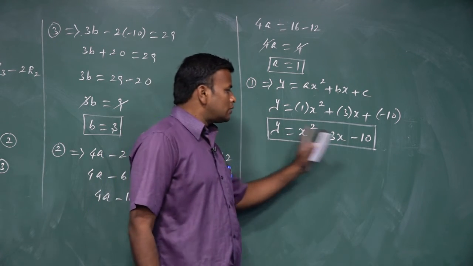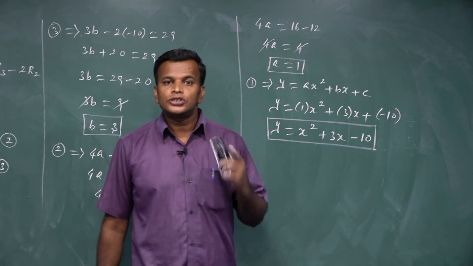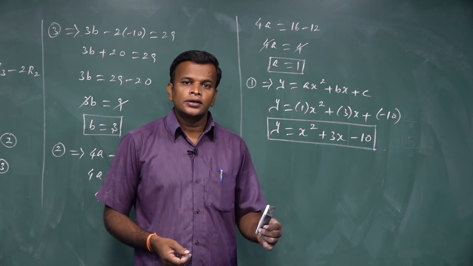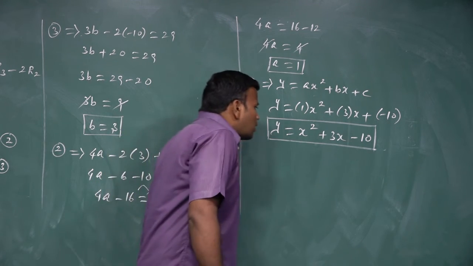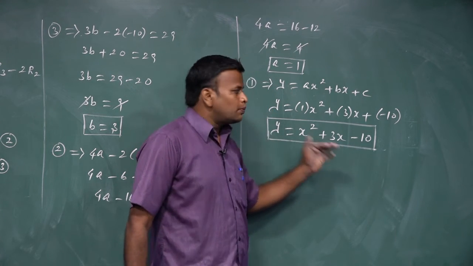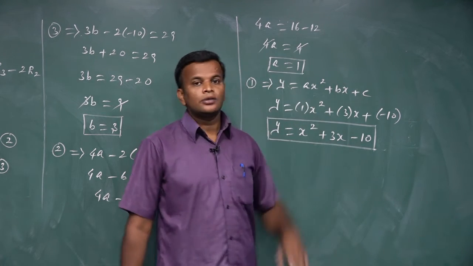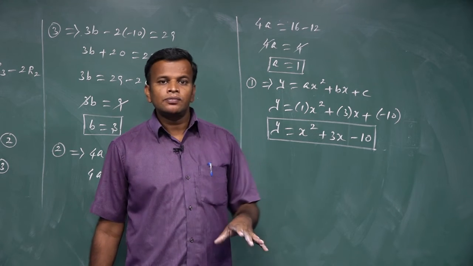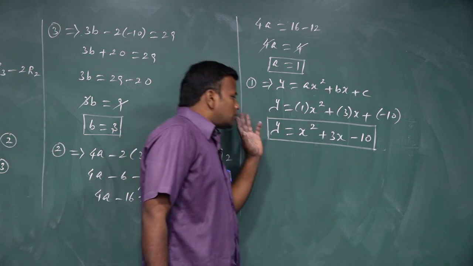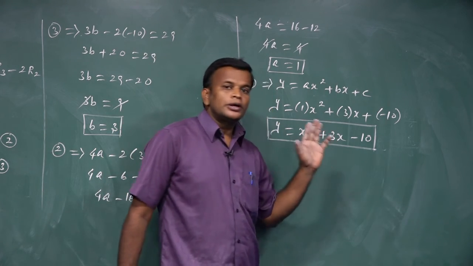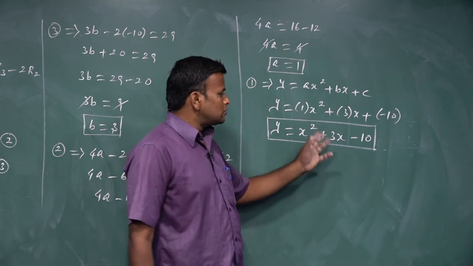This is also not yet a verified answer. Now to check whether the friend is along this path or goes along some other path, the next step is to check whether the point P of 7, 60 satisfies this equation or not.